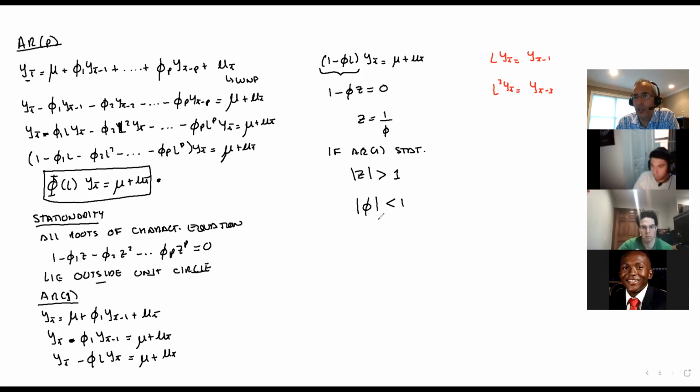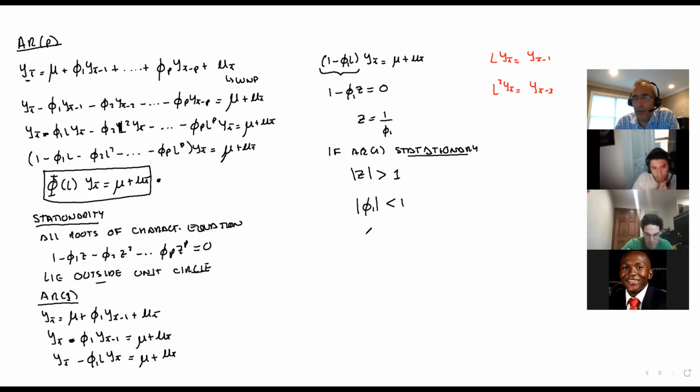Do you agree with me? Yes. So the stationarity condition implies that the absolute value of psi_1 is going to be strictly smaller than 1. And you're going to have a stationary process.